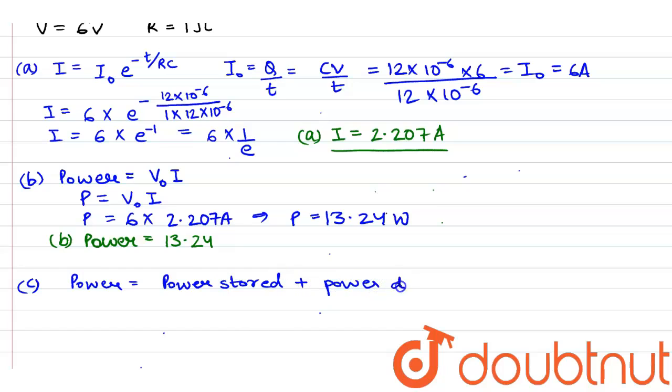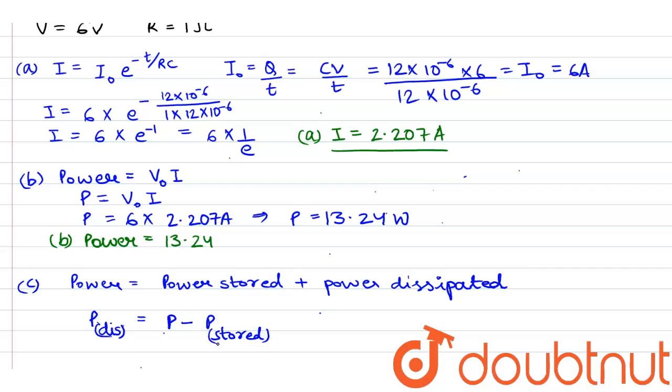From this formula, we are going to find the dissipated power. When we rearrange it, power dissipated will simply be equal to the total power minus P stored.